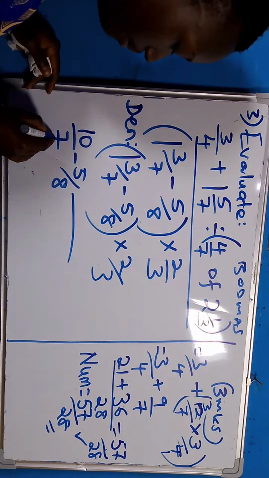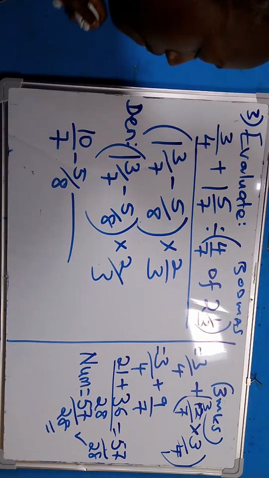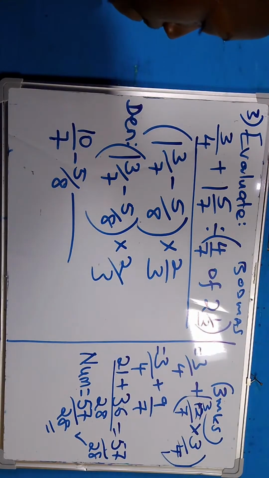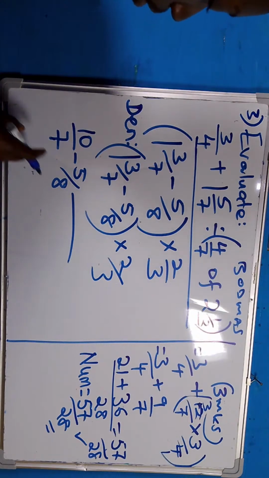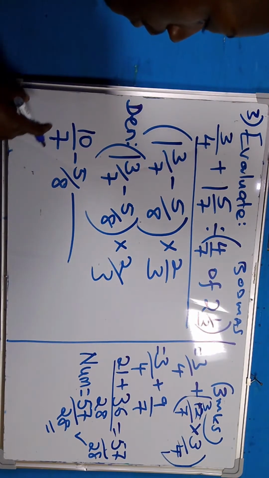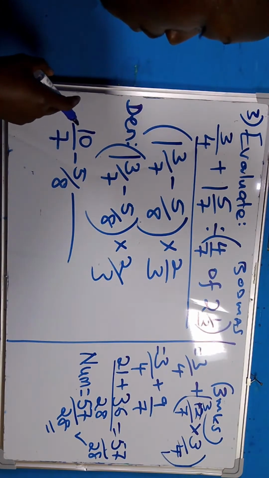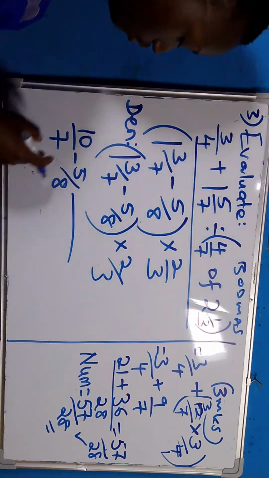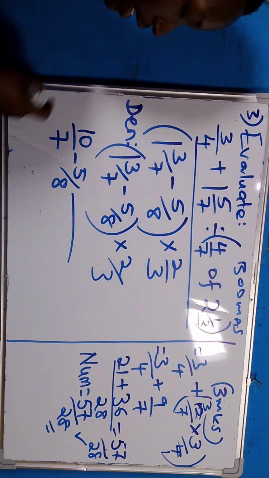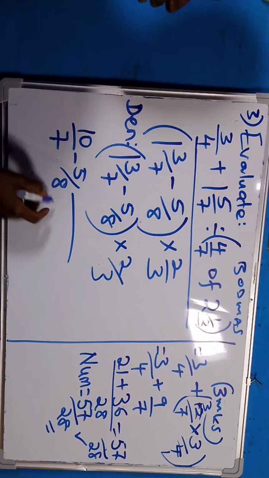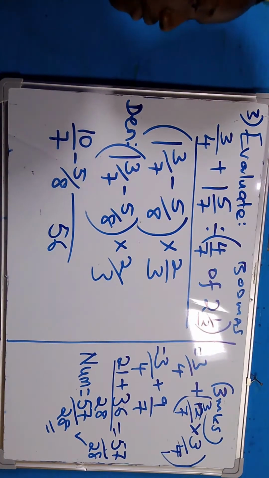The LCM of 7 and 8 is going to be 56. Because 8 is 2 to the power 3, and 7 is 7, 8 times 7 is 56.